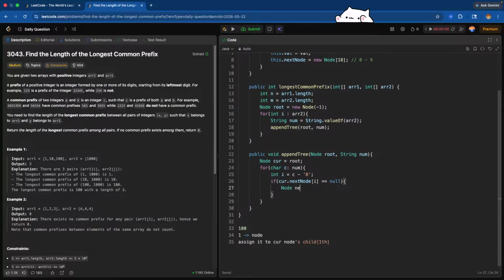Node newNode equals new Node of i value, and current.nextNode of i will be newNode. And then I move current to next: current equals current.nextNode of i.